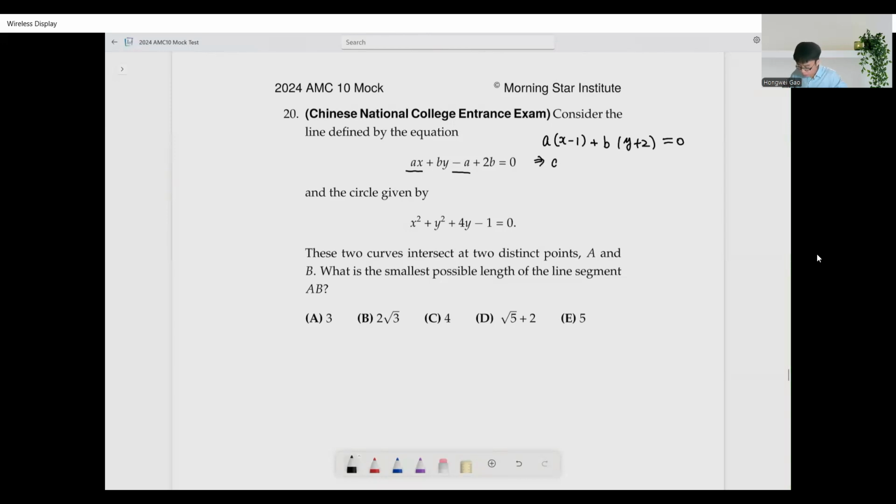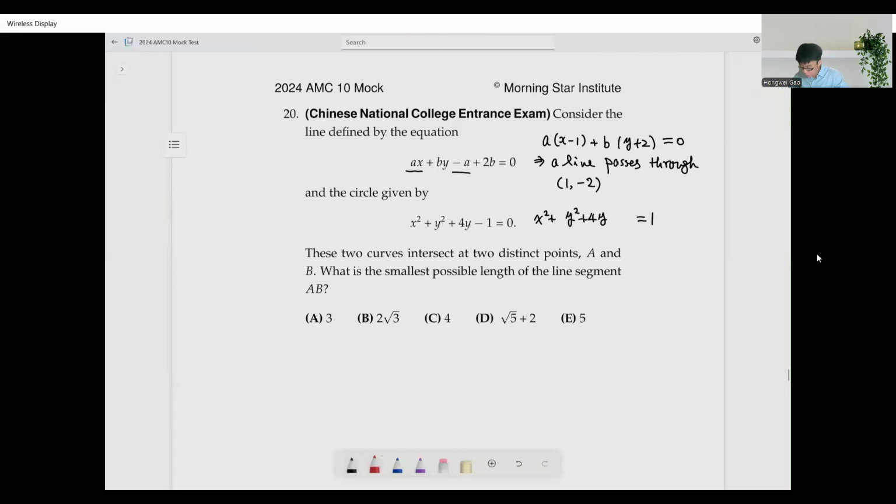So this line passes through the point (1, negative 2). Now let's look at the circle. We can rewrite it as x squared plus y squared plus 4y equals 1.